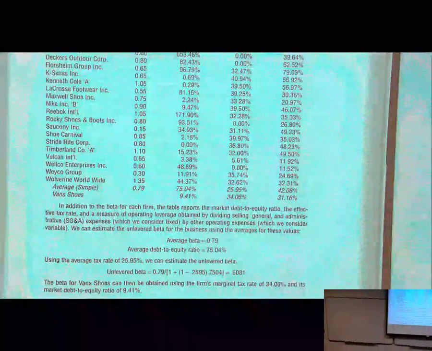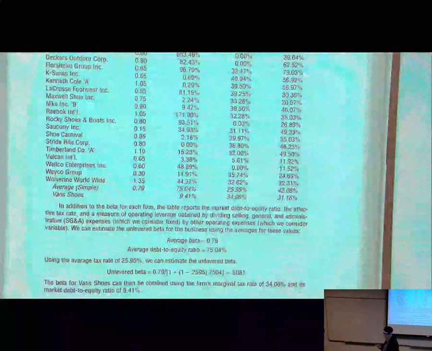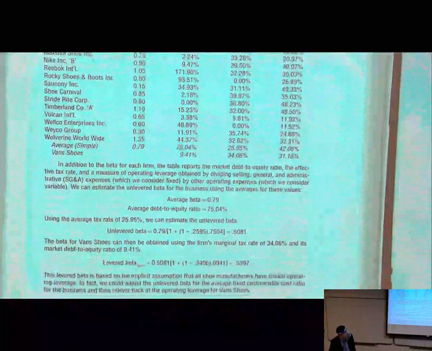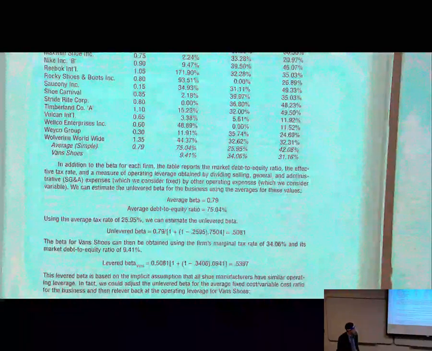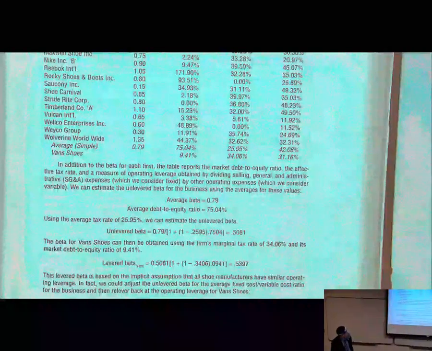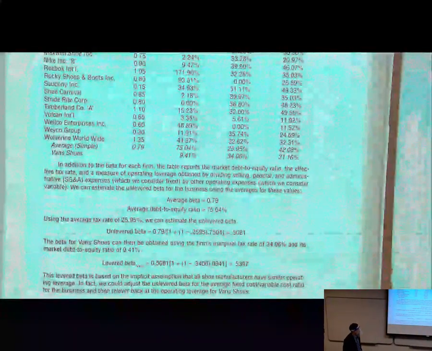Now we consider what leverage Van Shoes has. We know this company has a marginal tax rate of 34.06%, and its debt to equity ratio is 9.4%.